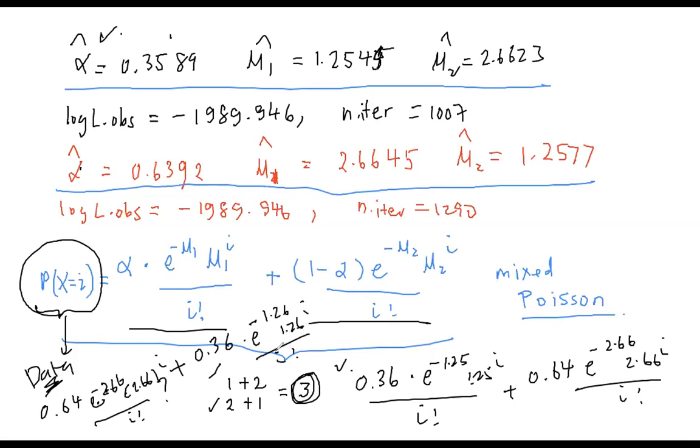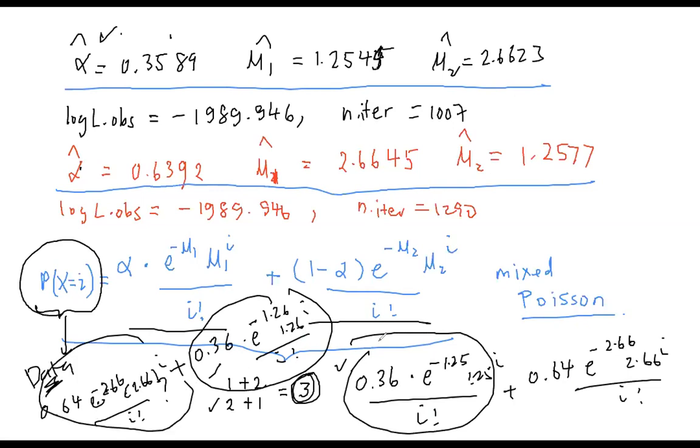It's almost the same. So the second term here is basically the first term there, and the first term here is basically the second term. So it's a situation of 1 plus 2 and 2 plus 1.